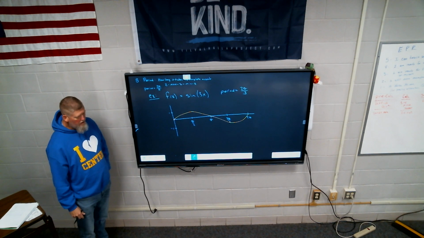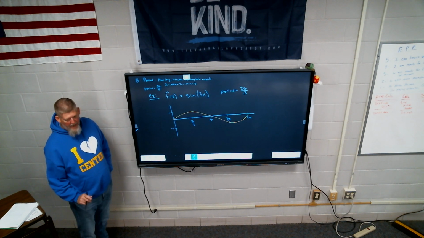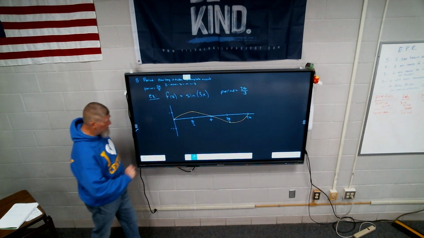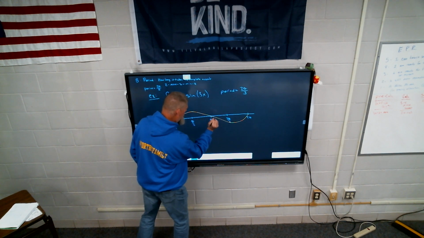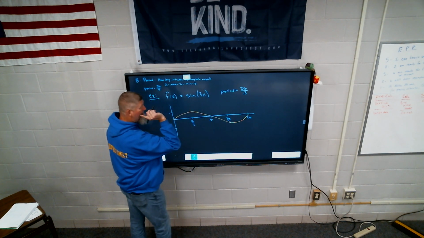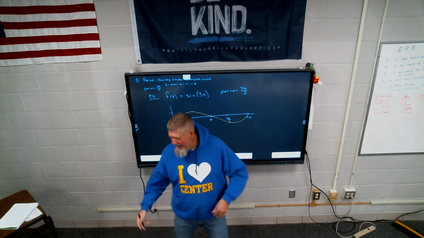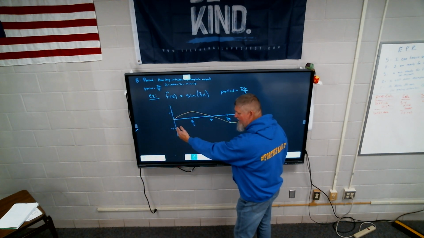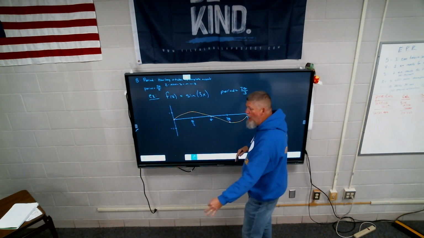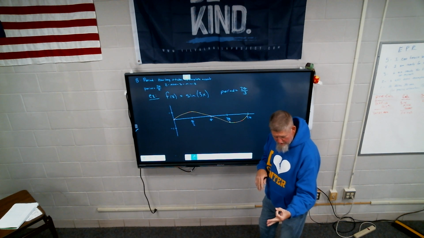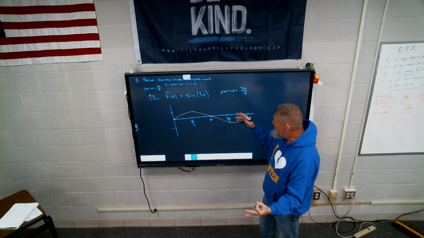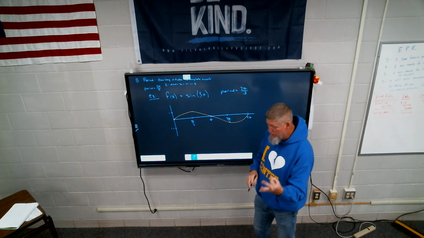Now, this time, it's gonna do this entire cycle. It's gonna go from 0 to the max, 0 to the min, back to 0, by the time it hits 2 pi over 3. In other words, in 2 pi, it's gonna do this cycle 3 times, okay? That's what this here tells us. It's gonna do it 3 times.